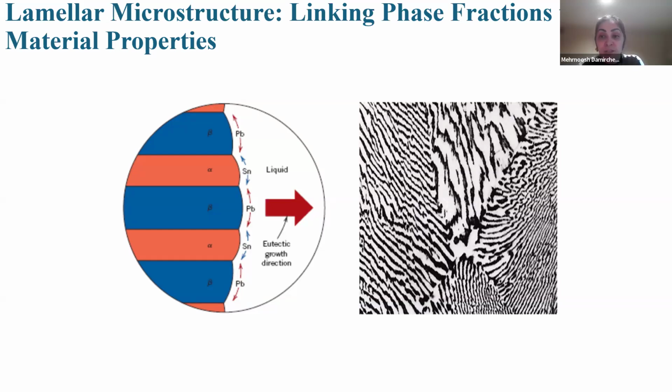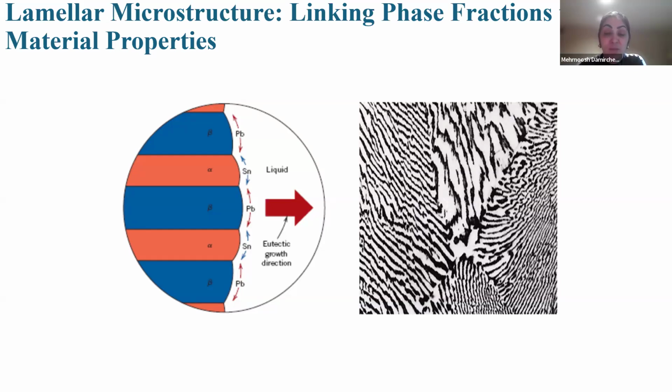A uniform lamellar structure enhances mechanical properties such as strength, toughness, and thermal properties. It is the reason we look for eutectic reactions, reaching exactly that temperature, TE, and exactly that composition, CE, for lamellar microstructures with the best performance or mechanical properties.